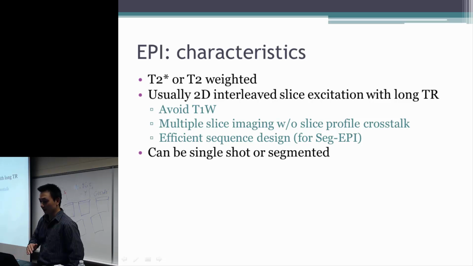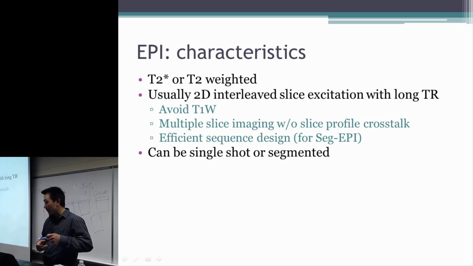So if we want to get mainly T2 star weighting, then we should use a relatively longer TR, so that there is no T1 weighting effect. And with interleaved slice excitation, the idea is that we can acquire multiple slices without slice profile crosstalk.